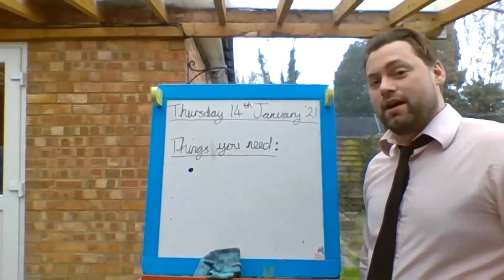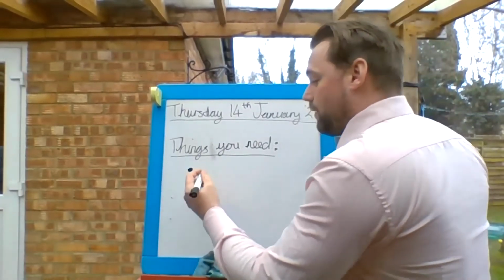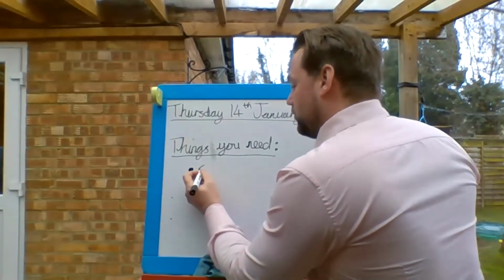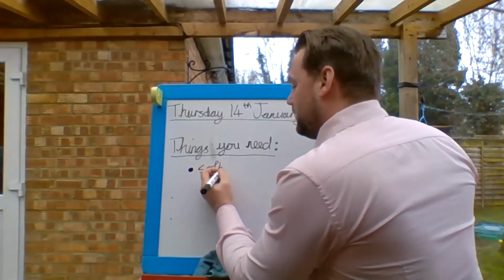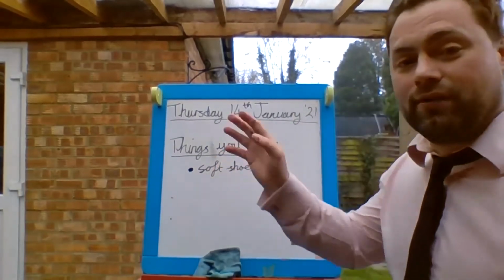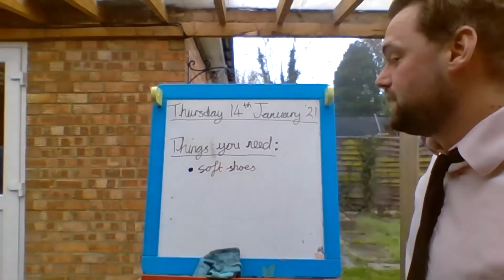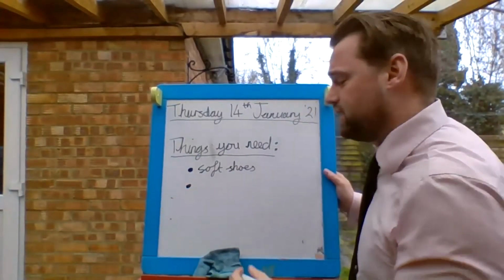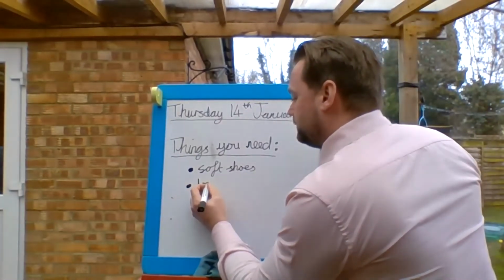So the things that we are going to need. We are going to need maybe soft shoes, so that when you're moving around in the house, no one can hear you. What else did we use yesterday? Maybe a torch.